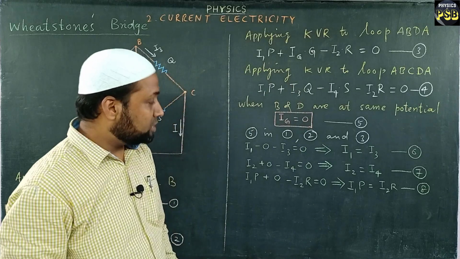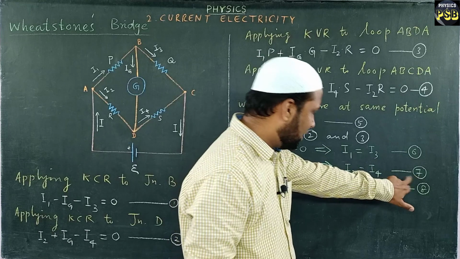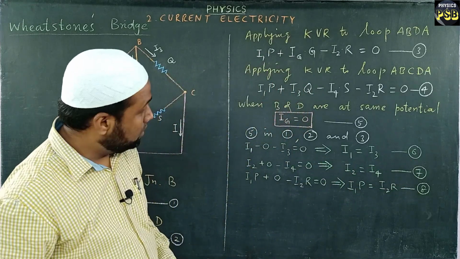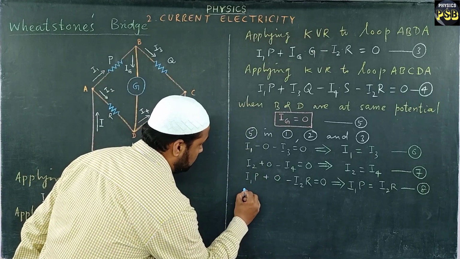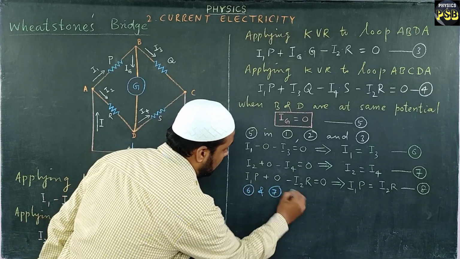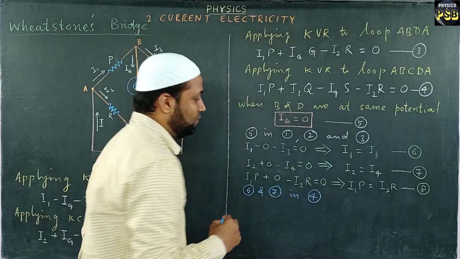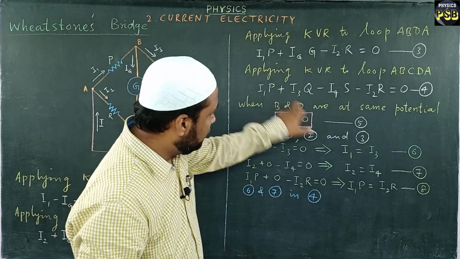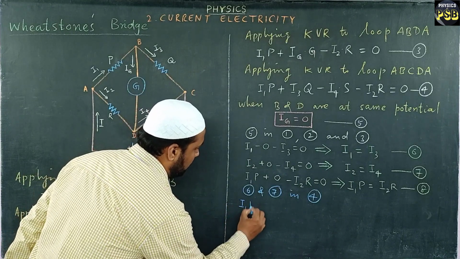So I have 3 equations. Now I'll substitute equations 6 and 7 in equation number 4. What will I get if I do so? In the place of I3, I'll write I1. I1 P is kept as such.